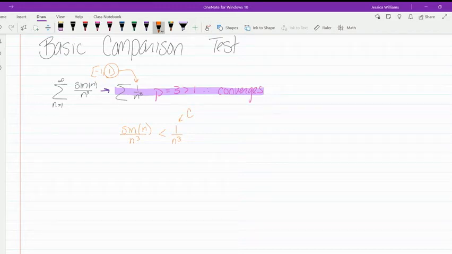Because if the larger series approaches a value, I don't know what value, and the series underneath it must also approach a value, because it can't shoot off to infinity if it's underneath. So that's the inequality I set up.